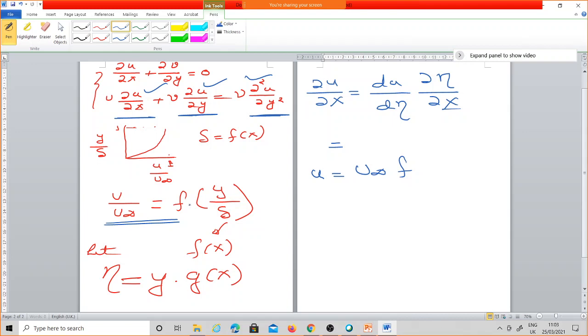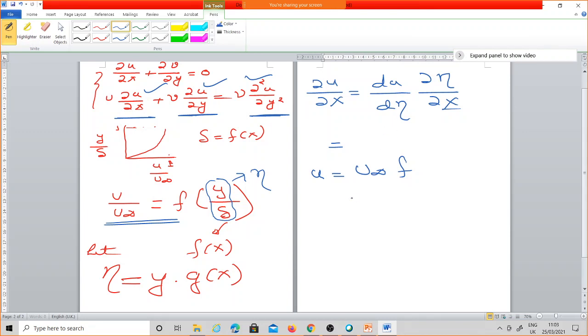Just we consider the f function. So what can you write here? So del u by del eta will be what? Inside this is actually eta. So we are considering this one equivalent to eta. So f is a function of eta actually.